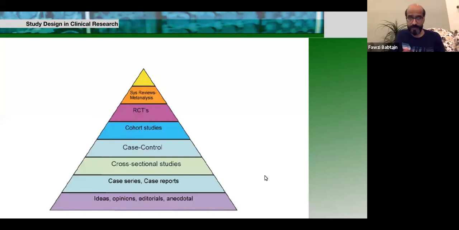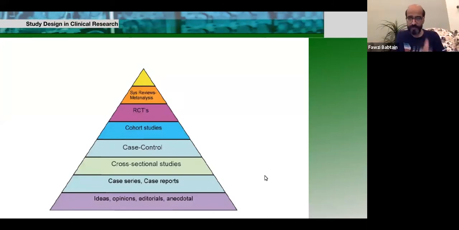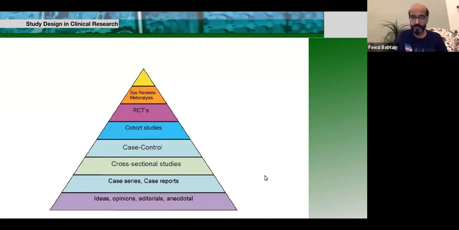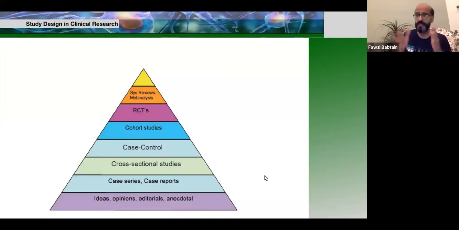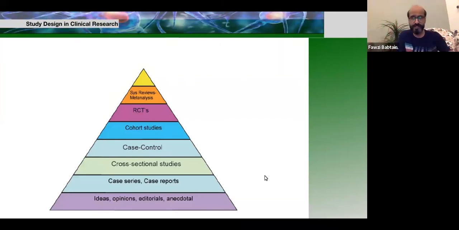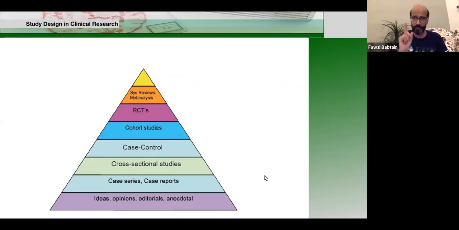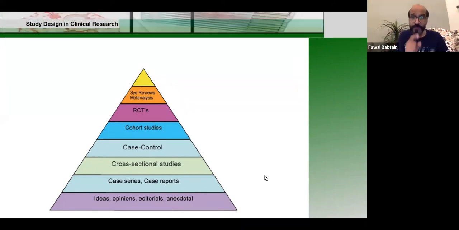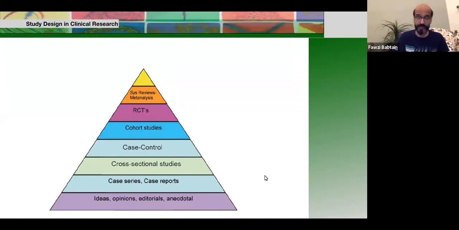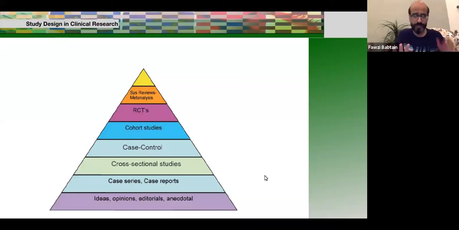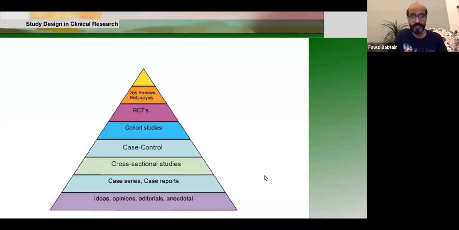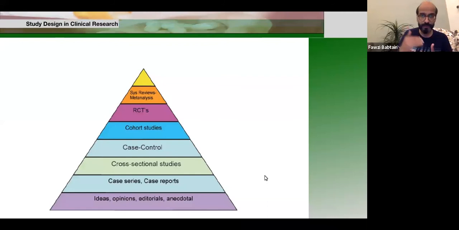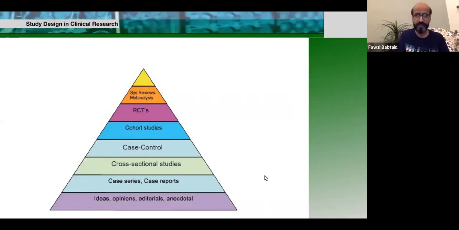So this is the pyramid. I look at the opinion of an oncologist versus collecting cases and coming up with descriptive analysis. This is a case series, or even a case report, one case report. It is even better than probably the opinion of an expert, which is only opinion from observation without objectively, systematically, scientifically coming up with this observation through a study.